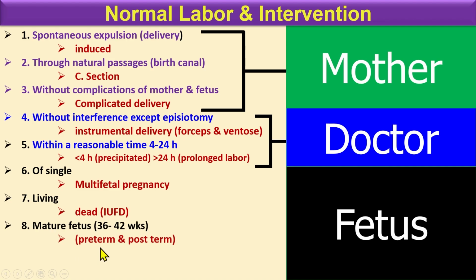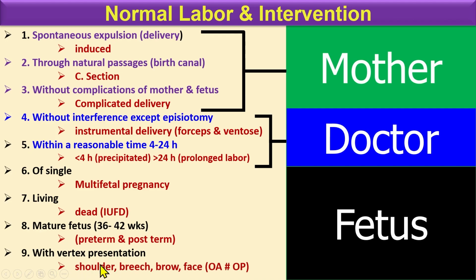Before 36 it is known as preterm, and after 42 it is considered post-term. The normal presentation is vertex presentation. What are the other abnormal presentations? Shoulder, breech, brow, or where the presentation is occipito-posterior instead of occipito-anterior, which is normal. So these are the different normal labor criteria and the interventions.